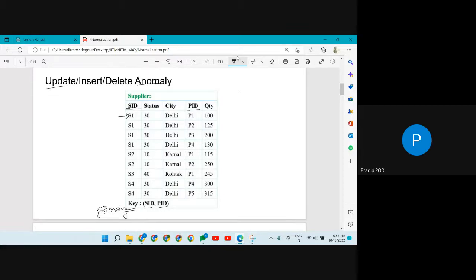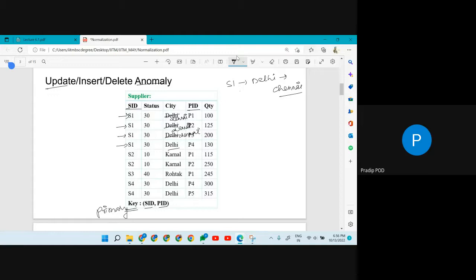For supplier ID S1, you can see Delhi, Delhi, Delhi, right. Maybe S1 has moved from Delhi to Chennai. So you also have to change the supplier city here. Suppose you change the tuples one by one: you change this to Chennai, this also to Chennai, and this also to Chennai, but you forgot to change this one.